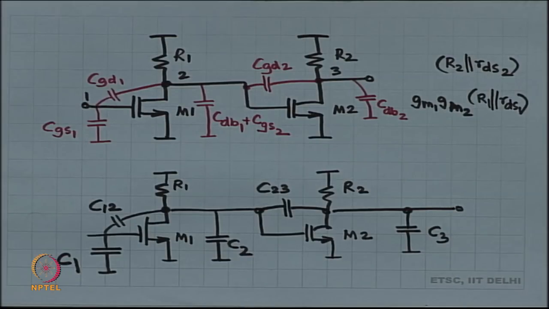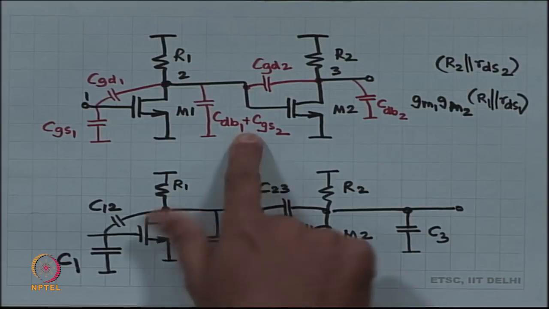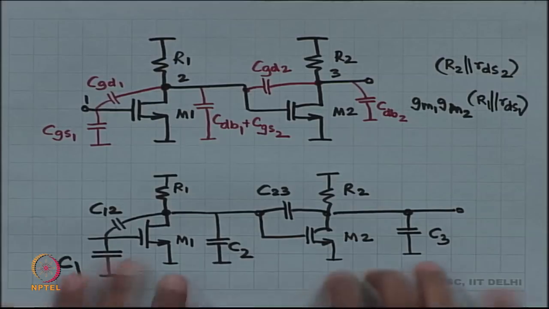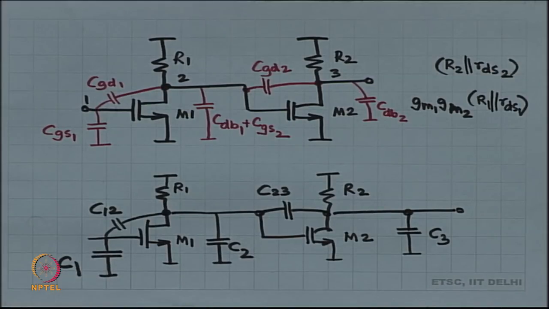Okay. So, this is the circuit that I am going to analyze, and you know what these C1, C12, C2 are, they correspond to these values. So, this is the notation we are going to use right now.